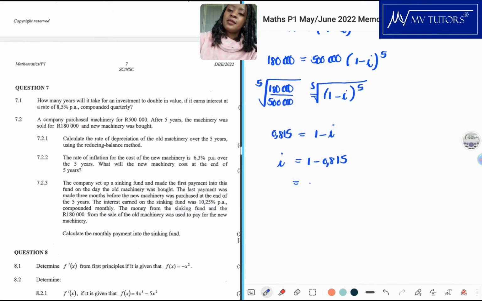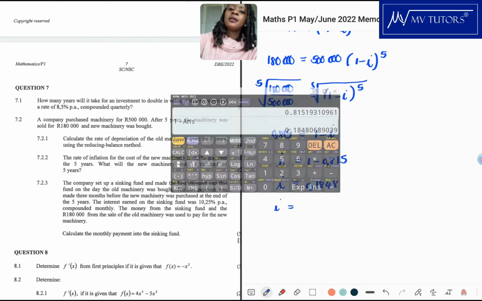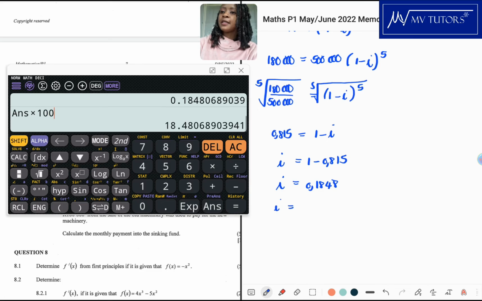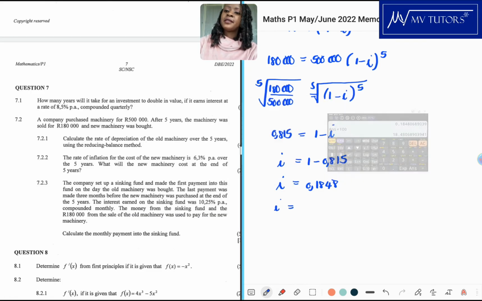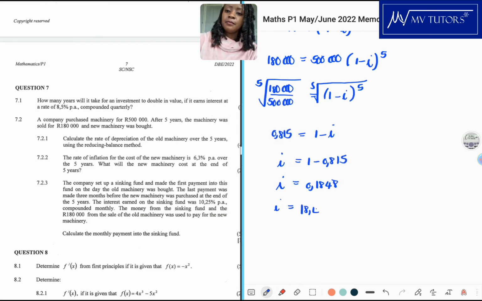Oh no, 0,1848. Okay, but we normally write this in percentage, so you're gonna multiply by 100, and then you get 18,48%. Okay, this was doable.